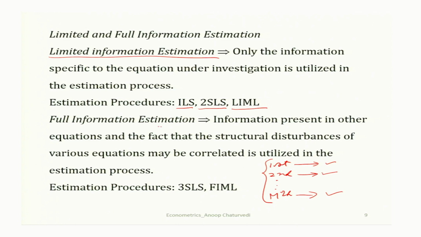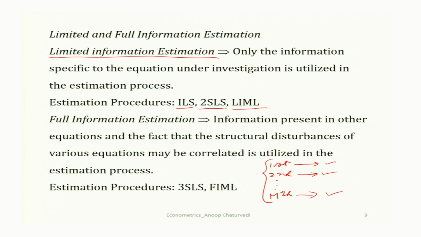So, in full information estimation, information present in other equations and the fact that structural disturbances of various equations may be correlated is utilized in the estimation process. These estimation procedures include 3-stage least squares or full information maximum likelihood estimators.